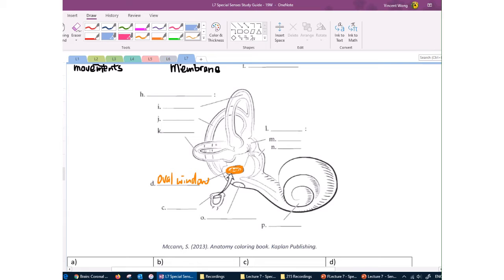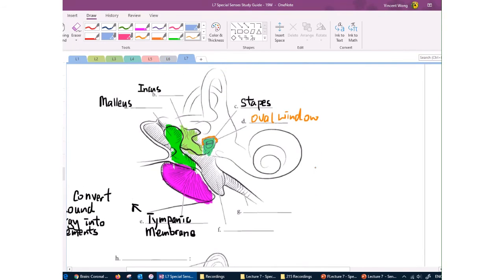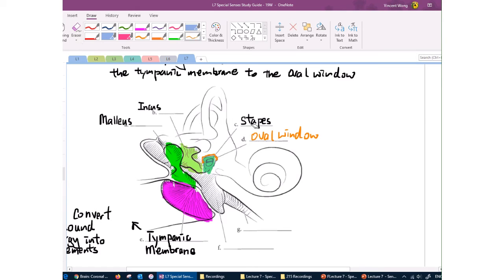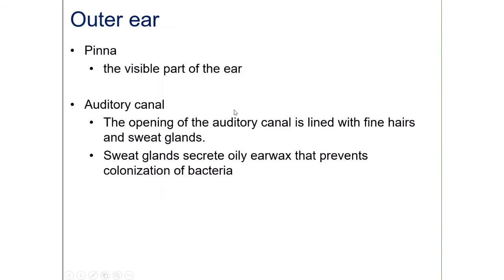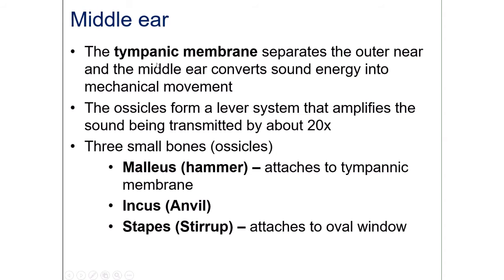So before we talk more about that, there is another set of names for the malleus, incus, and stapes. Let me just quickly show you that in the PowerPoint slides. So for the outer ear, we have the pinna and the auditory canal. You can read through these yourself. It's pretty self-explanatory. And in the middle ear, we just explained what the tympanic membrane is for, as well as the ossicles. These are the names that we wrote down, but they also have a common name that is named after the object that they resemble.